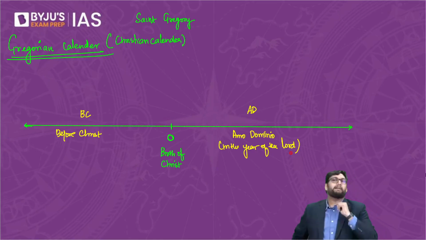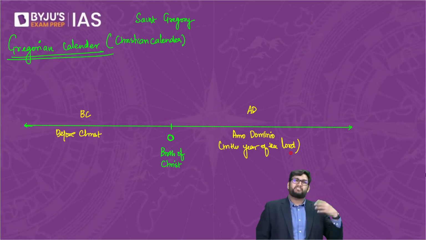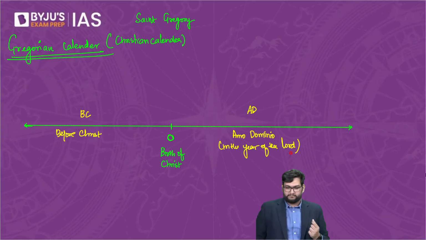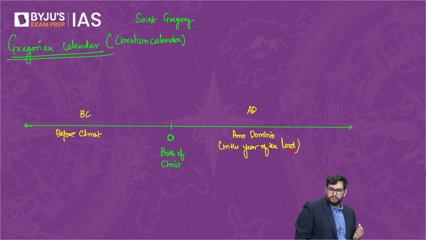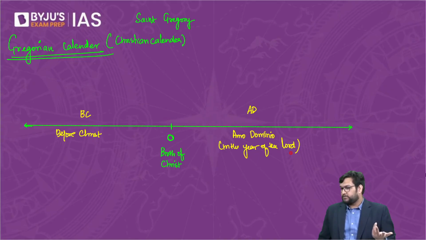But now tell me one thing. In a country, for example, like India, where Christianity came with the Europeans, does this before Christ, Anno Domino, or Christ reference make sense? It doesn't, because we are not the land of the Christ.